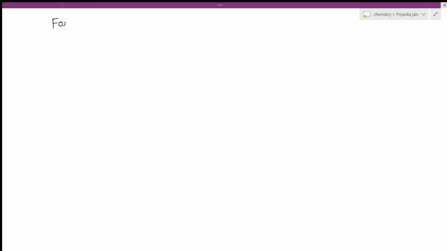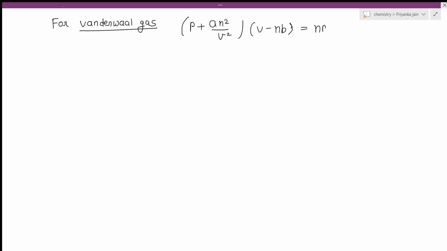Suppose we are taking a van der Waals gas. For a van der Waals gas, we know what the equation is: (P plus an²/V²)(V minus nb) is equal to nRT. If we are taking 1 mole, what will be our equation?